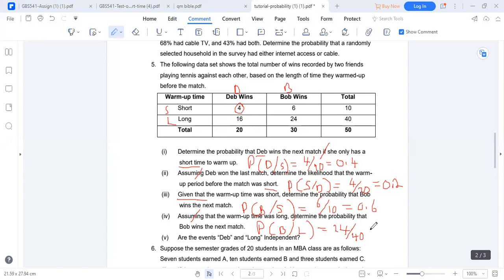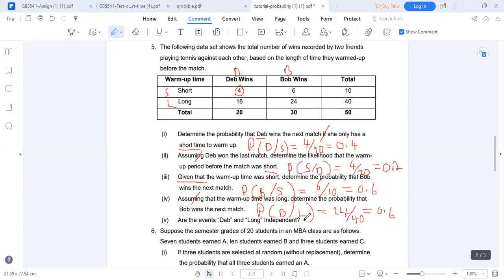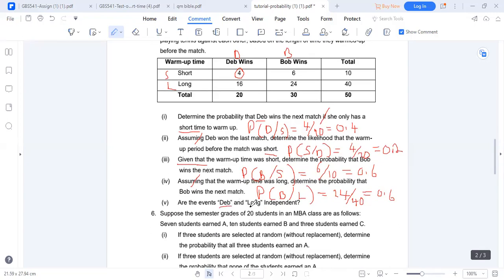Then lastly, are the events Deb and Long independent? Who remembers the rule for independence? For Deb and Long to be independent, when you multiply the probability for Deb and the probability for Long, they should give us the intersection.